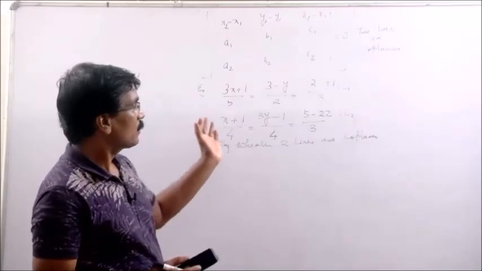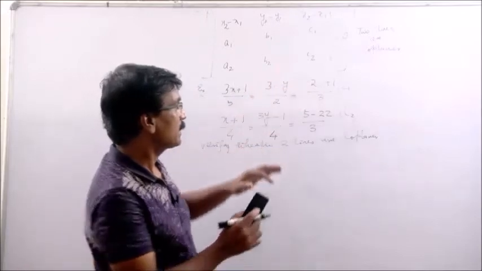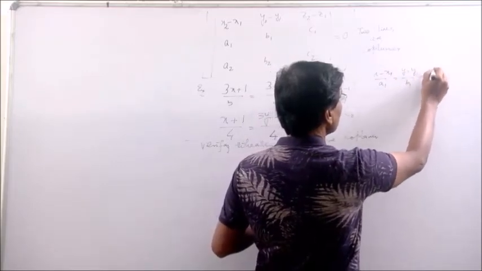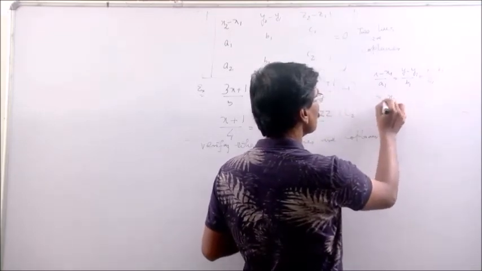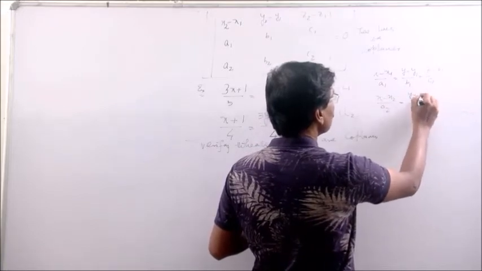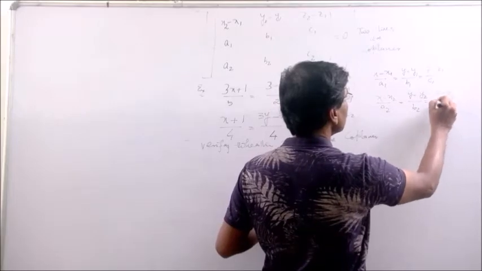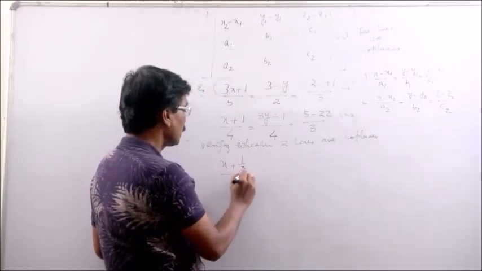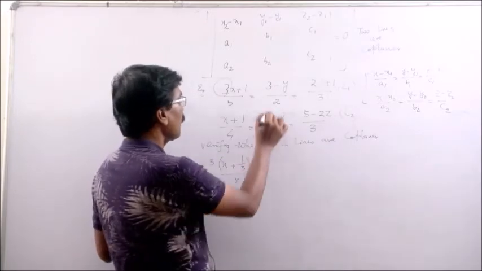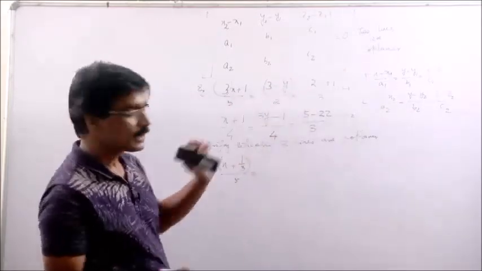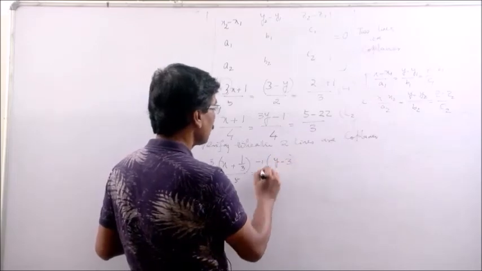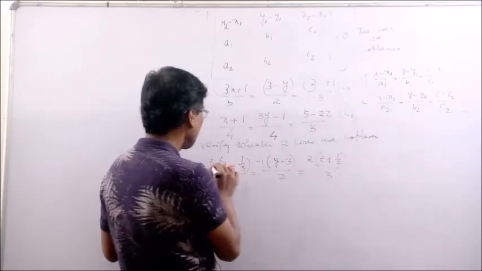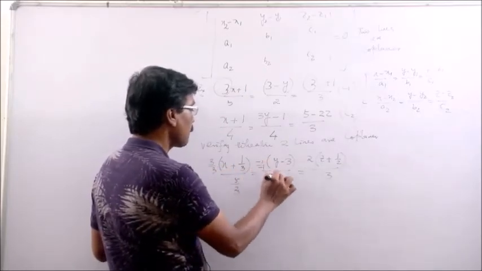By using this formula, but before using it, we first have to write the two lines in standard form, that is (x minus x1)/a1 = (y minus y1)/b1 = (z minus z1)/c1, and (x minus x2)/a2 = (y minus y2)/b2 = (z minus z2)/c2. So by taking 3 common, (x + 1/3)/(5/3). Taking the minus sign common from y, because the coefficient of y is minus 1, we get (y minus 3)/2 = 2(z + 1/2)/3, then dividing numerator and denominator by 2.